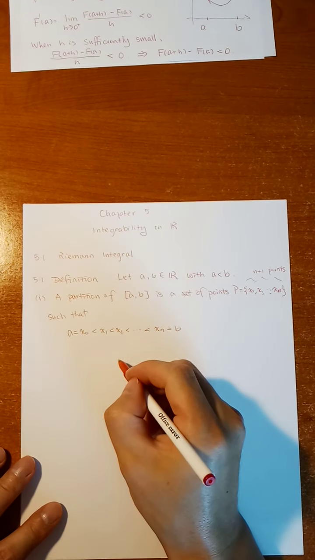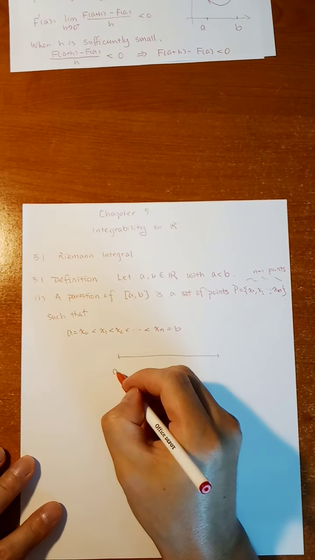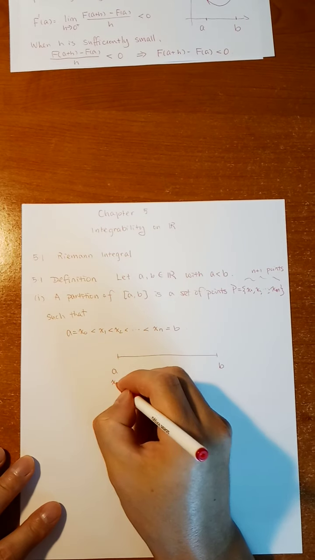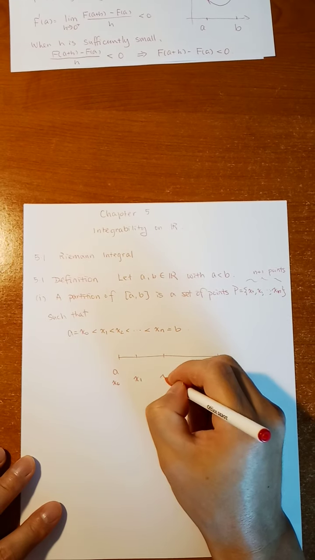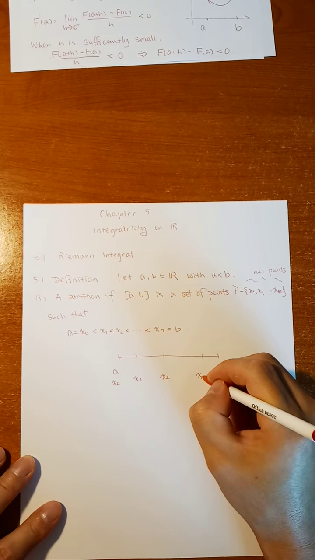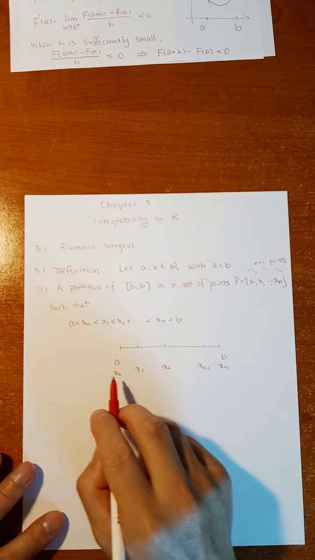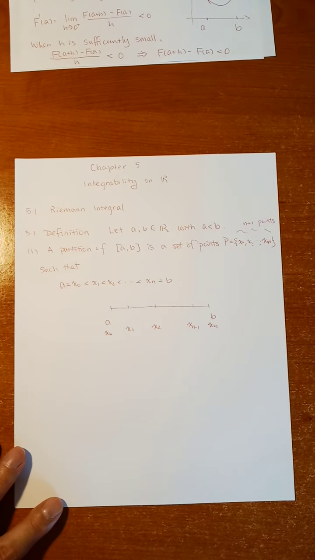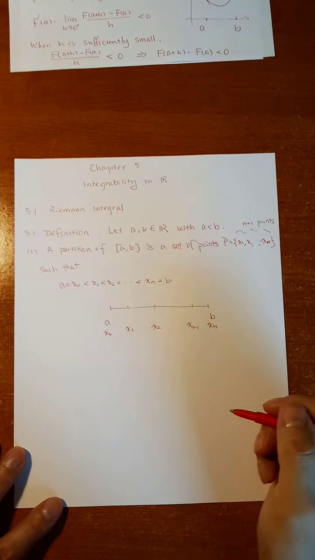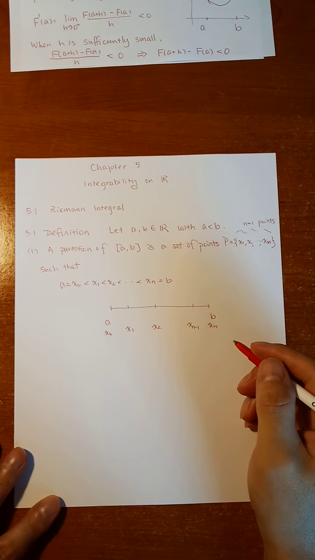So you will have a and b. This is x0, this is xn, and in between x1, x2, up to xn minus 1. So you have n plus 1 points. This is called the partition.